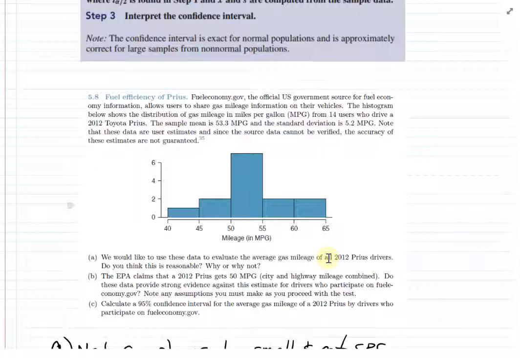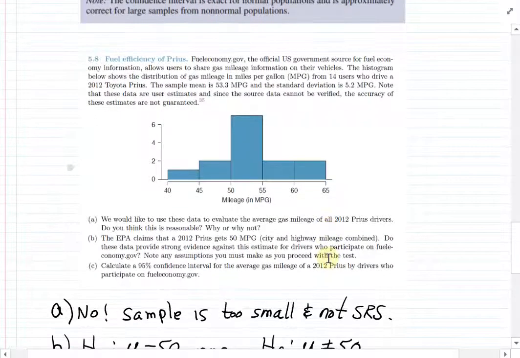Why not? Well, let's see. I put no for a couple of reasons, because this is not a simple random sample. You know, I own a Prius and I didn't even know about this site. So my information isn't there. Not everybody knows about this site, so it's not really a simple random sample.